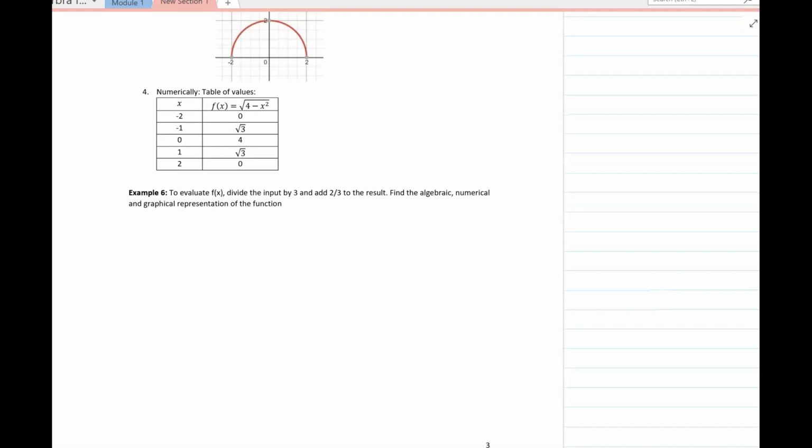So let's start with algebraic. Divide the input by 3 and then add 2/3 to the result. Numerical: we make the table of values.